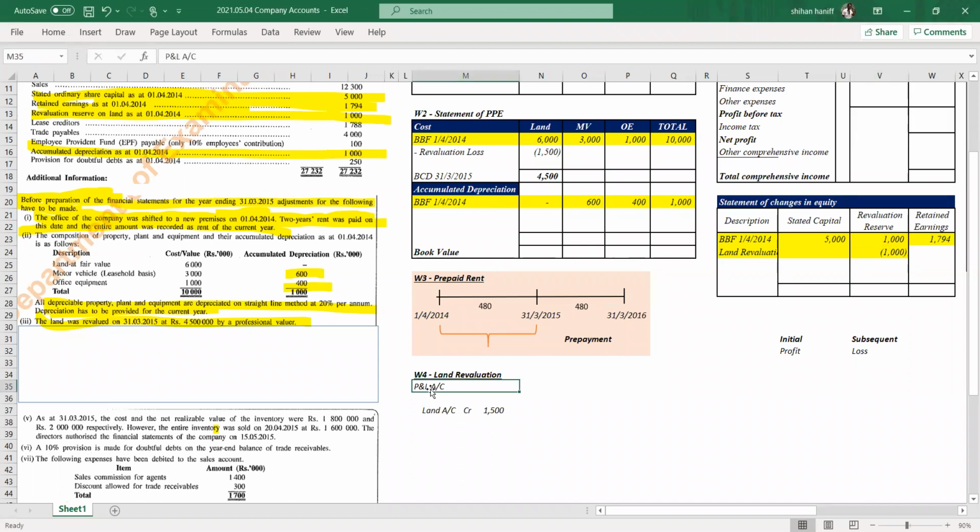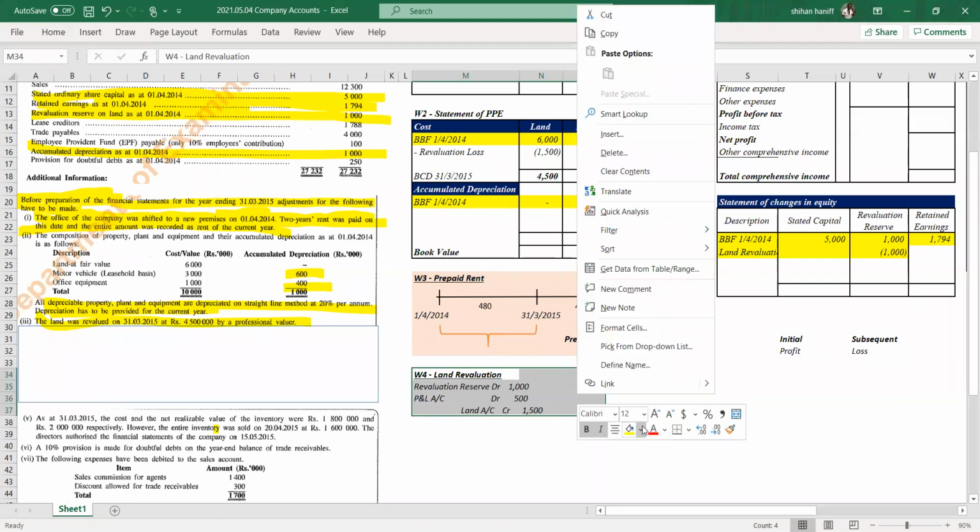Therefore, we have to debit the revaluation reserve first. Debit 1,000, right? And profit and loss account will be debit the rest of 500. And land account, we have to credit 1,500. So this is the double entry.